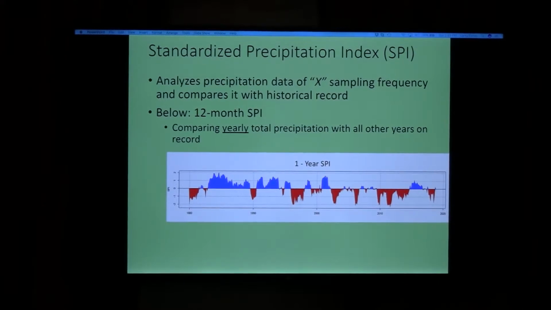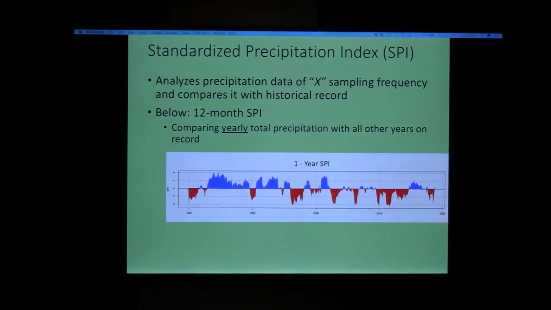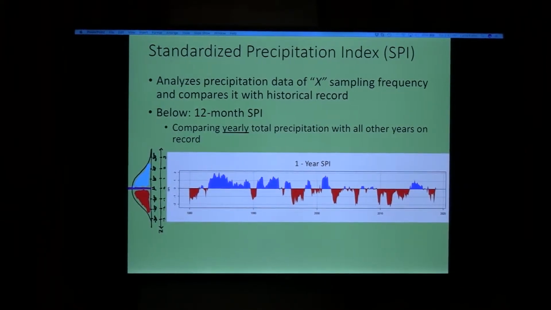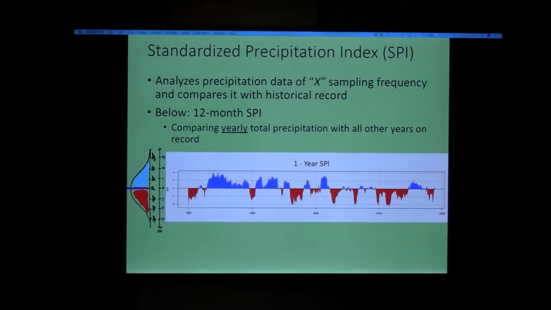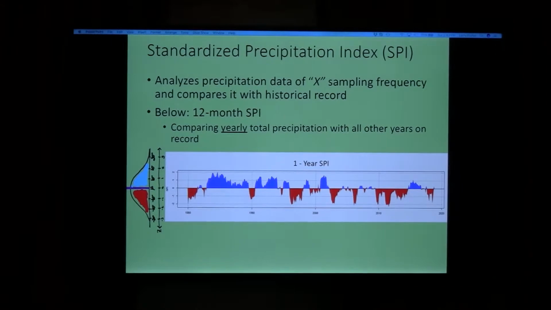When we look at an actual drought index, this is a standardized precipitation index, or SPI. What you're really looking at is a time series of those z-scores through time. So this specific graph is going from 1979 through 2018, and it's just taking all the data that's available for precipitation data and then ranking it and assigning it a z-score value.